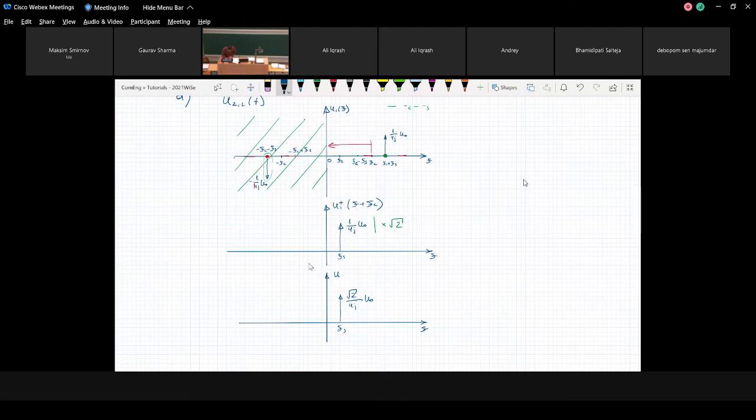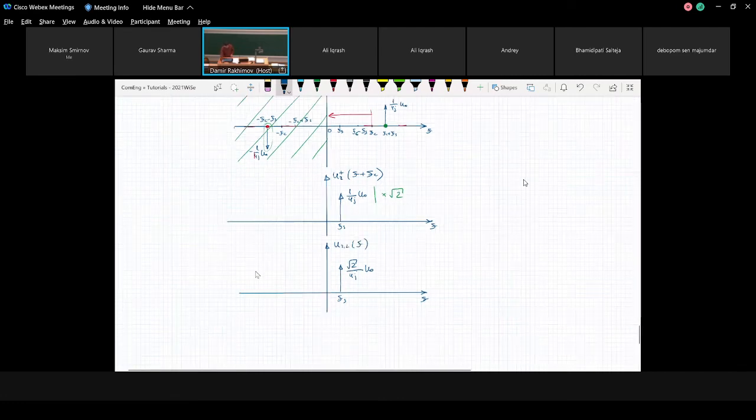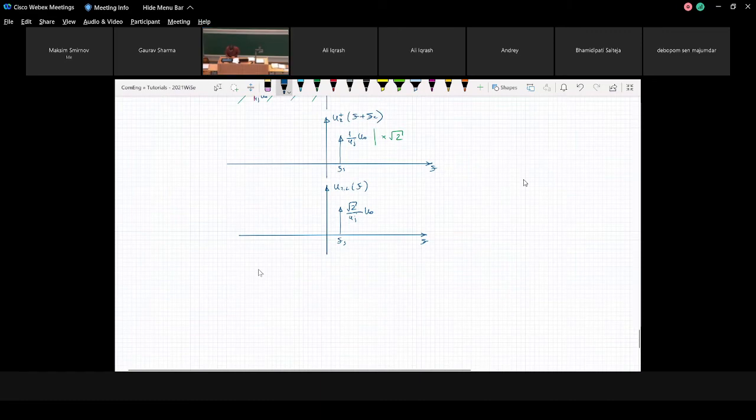It's not U1, it's the output signal, U, L of F. Okay. Fine. And now we can write the expression for the signal: U_L of F equals square root of 2 over 4j times delta pulse, of course, times U0, times delta pulse F minus Fs.